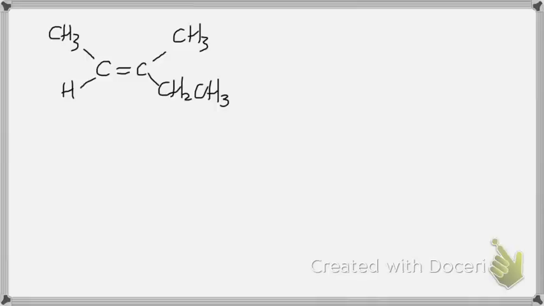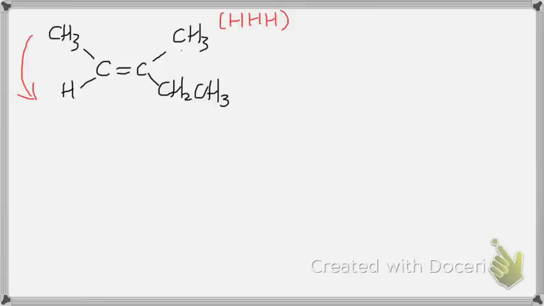For the left side double-bonded carbon, the atoms attached to it are carbon on the top, H at the bottom. So carbon is higher than H. I draw the arrow going from higher to lower. On the right-hand side, the two atoms attached to the double-bonded carbon are carbon at the top, carbon at the bottom.